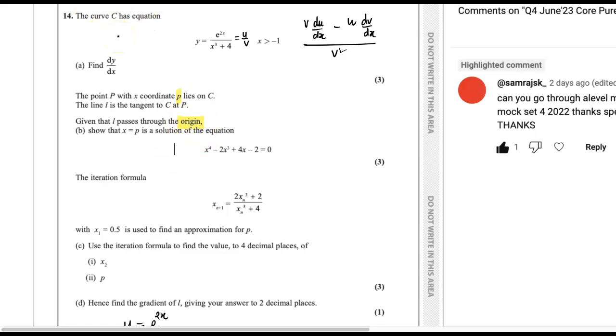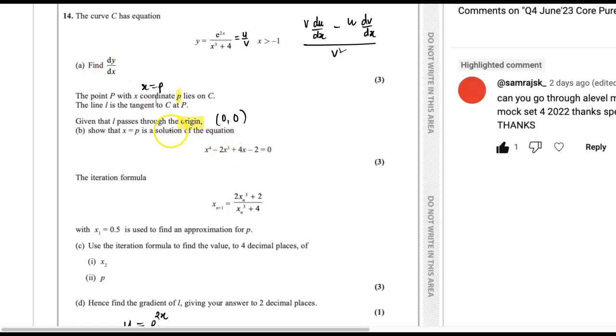Show that x equals p is the solution of the equation. What we know is that the point P with x coordinate p lies on C, and L is the tangent to C at P.